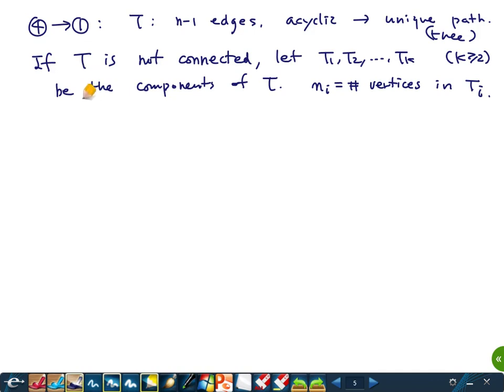Each Ti is acyclic, because if there is a cycle in Ti, it is a cycle in T too.